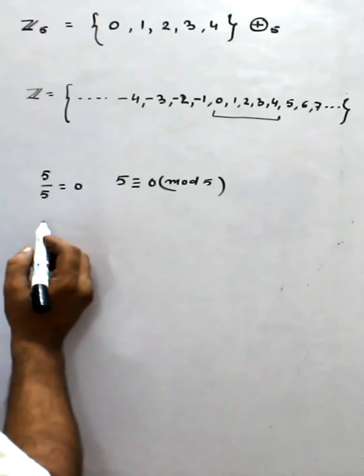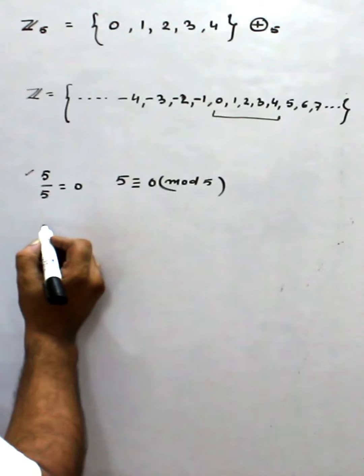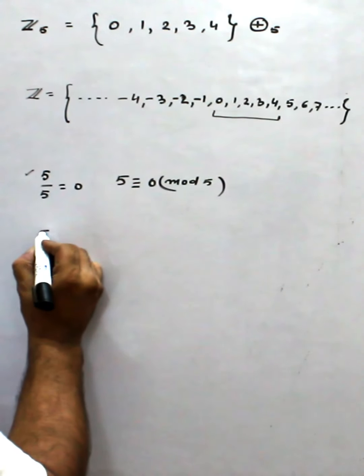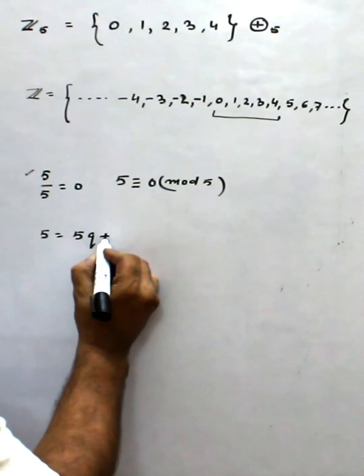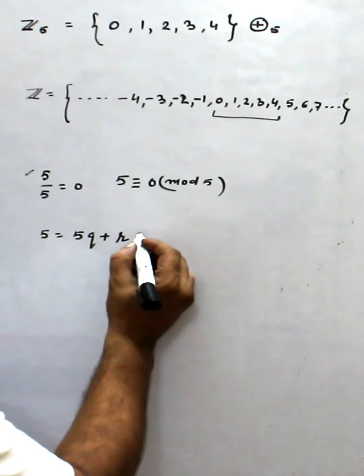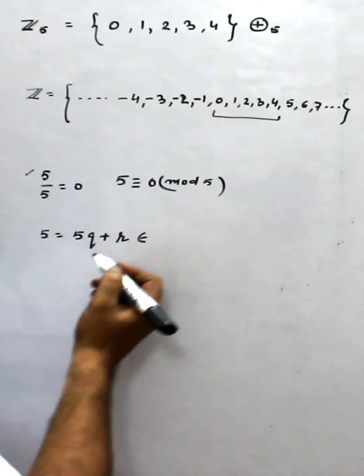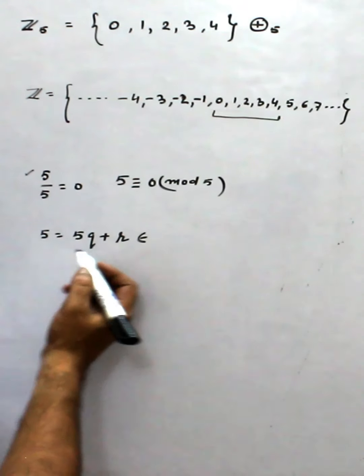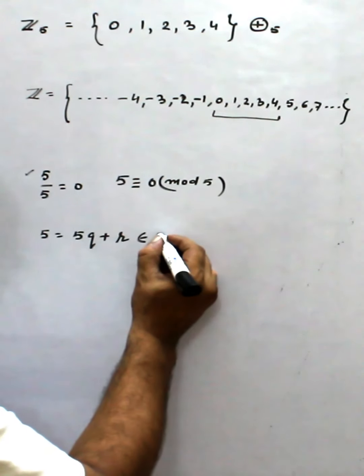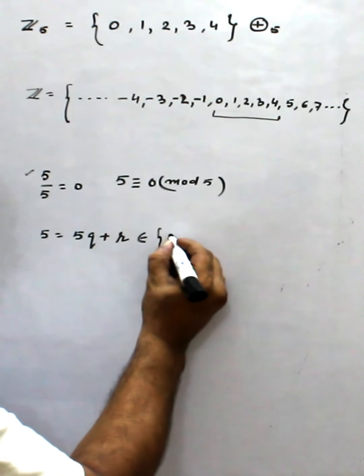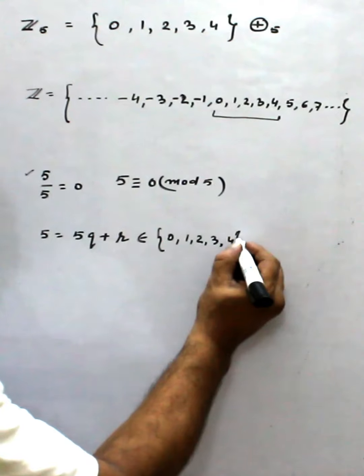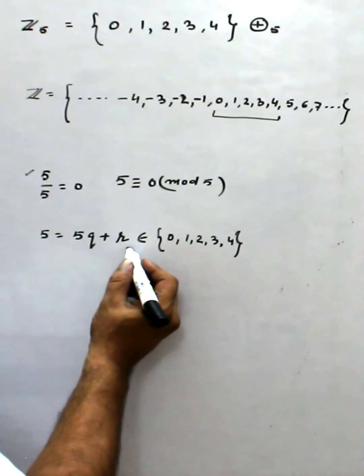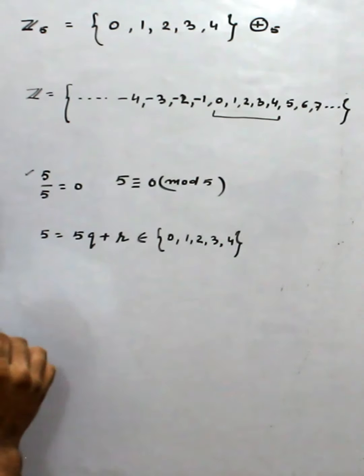Otherwise, I am dividing, so by division algorithm I can write 5 is equal to 5q plus r, and by definition of addition modulo, we know r has choices 0, 1, 2, 3, 4, because r is the remainder and a remainder must be in this set.